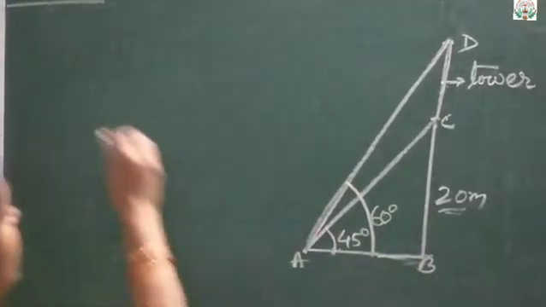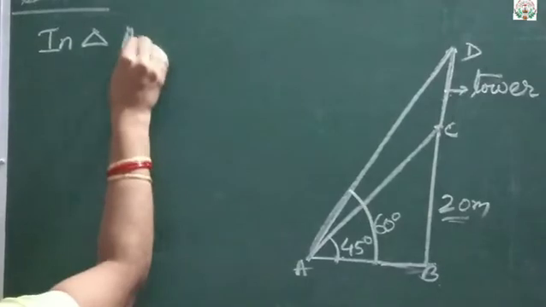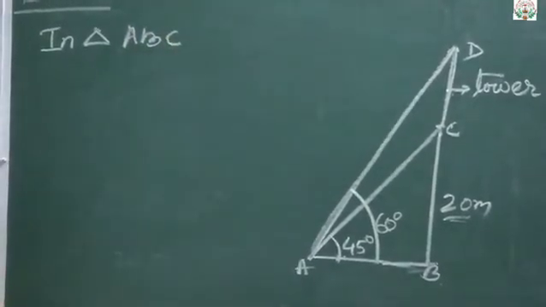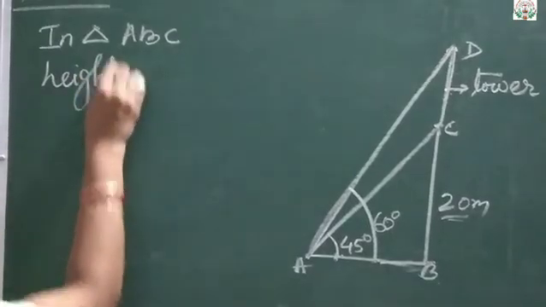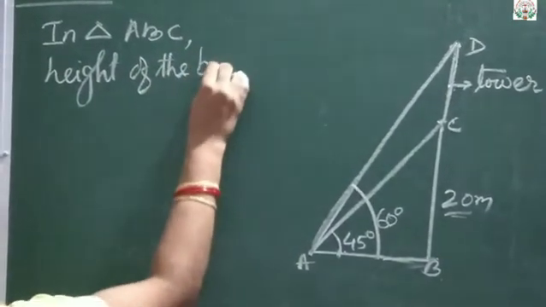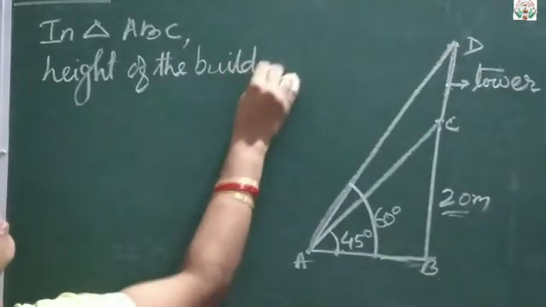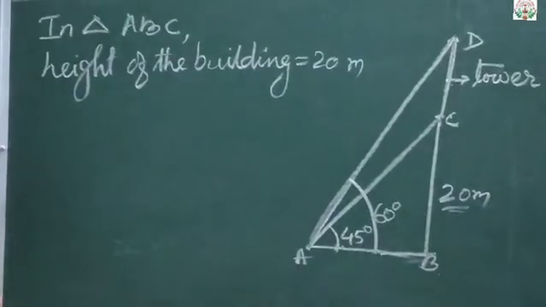In the first one, in triangle ABC, the height of the building is equal to 20 meter.